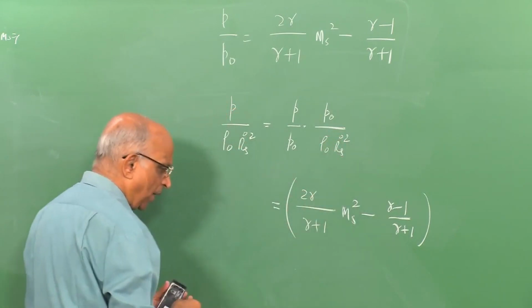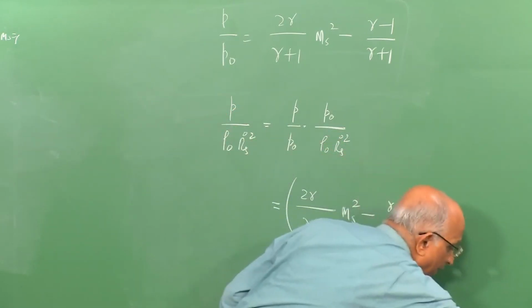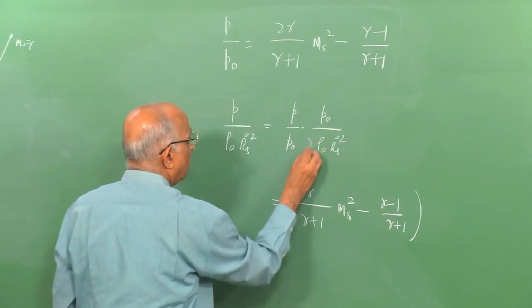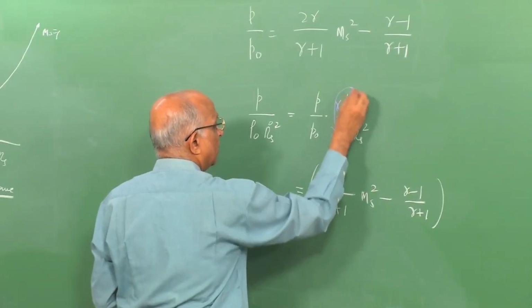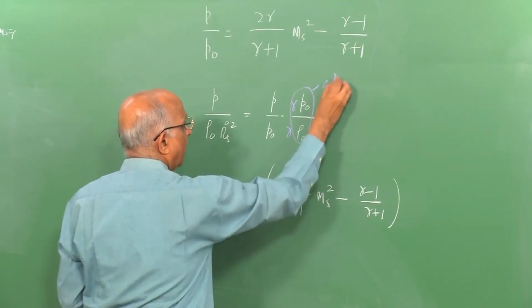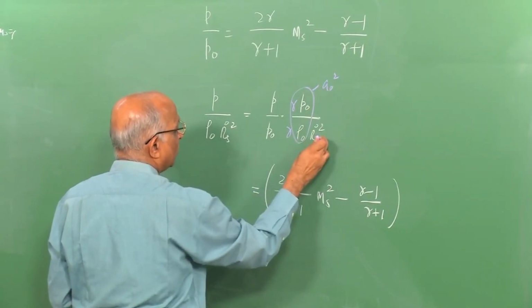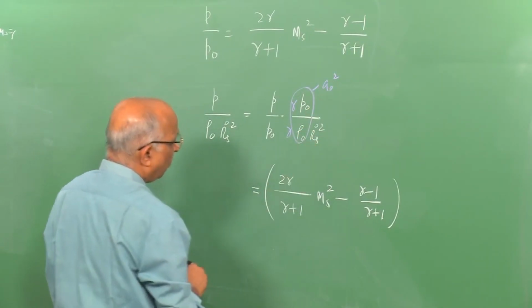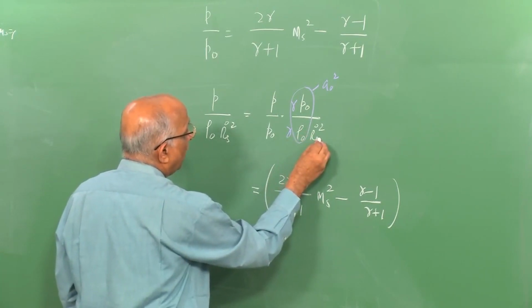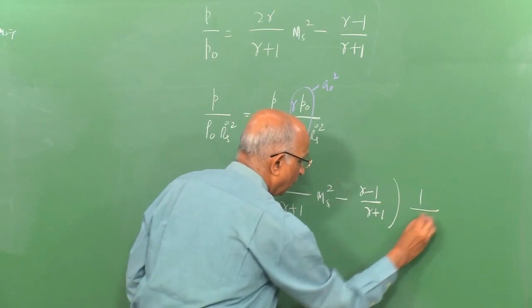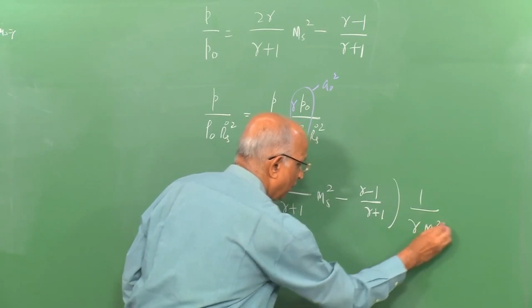If I were to multiply both the numerator and denominator by, let us say, gamma over here, I get gamma p 0 by rho 0 is equal to a 0 square, and Rs dot by a 0 square is equal to Mach number square, and therefore, what I get is I have gamma into Ms square, that is 1 over gamma into Ms square.